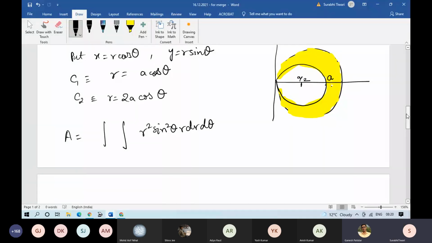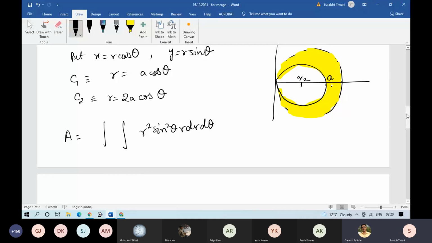Read the question: the integral has y square dx dy, and the value of dx dy is r dr d theta. Now put the value of r.